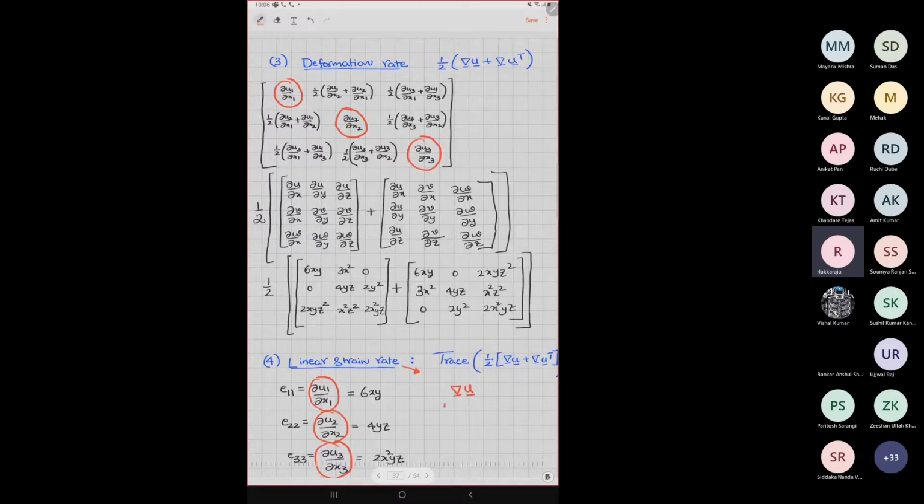If I decompose it into symmetric and anti-symmetric parts, we get the individual building blocks of the system. One we call the strain rate tensor, the other we call the rotation rate tensor.